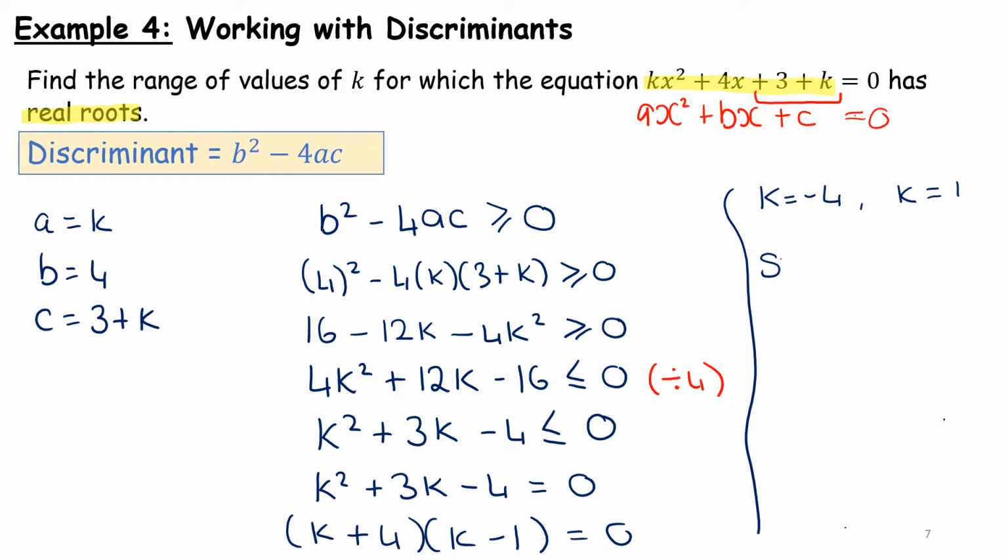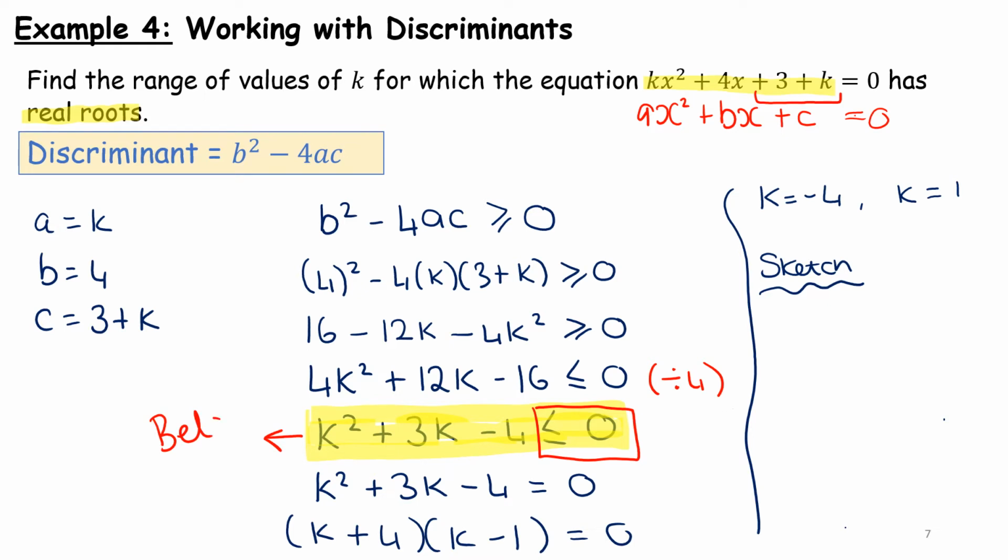Now I'm going to do a little sketch, and it does just need to be a small sketch. I'm going to be working with this quadratic. That's the last quadratic inequality I have. I'm going to make a little note here because I'm short on space. It is less than or equal to 0, so we're talking about below.